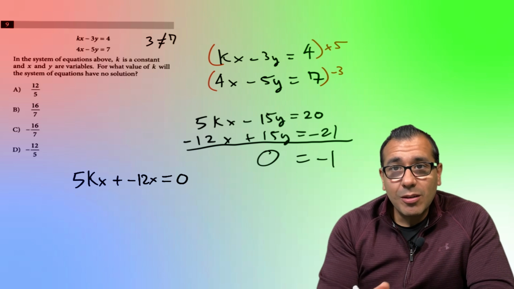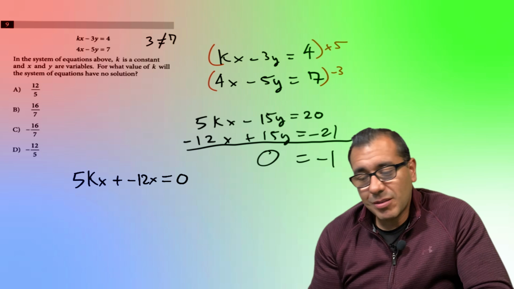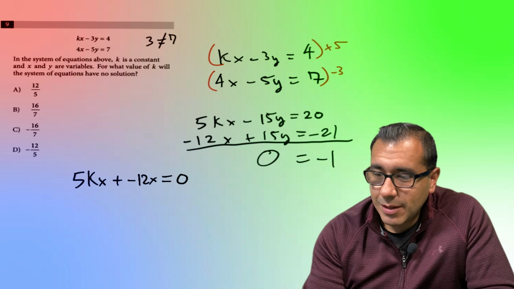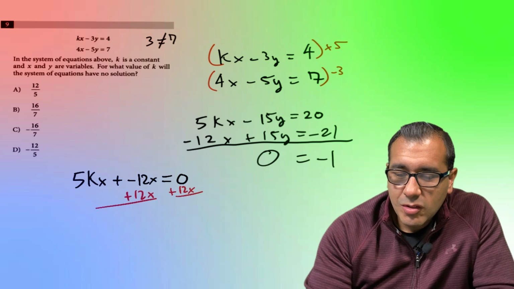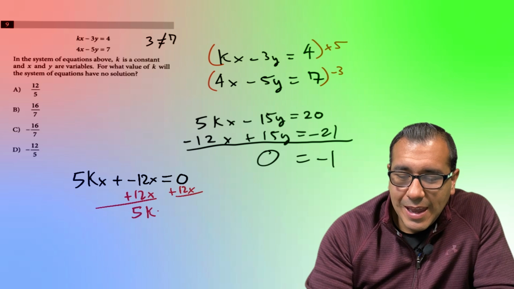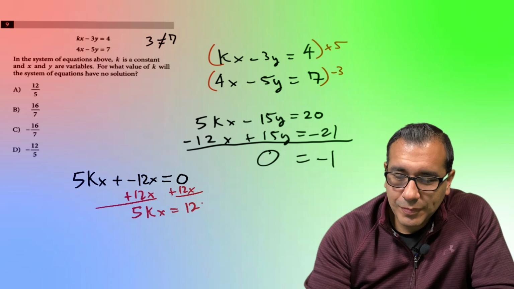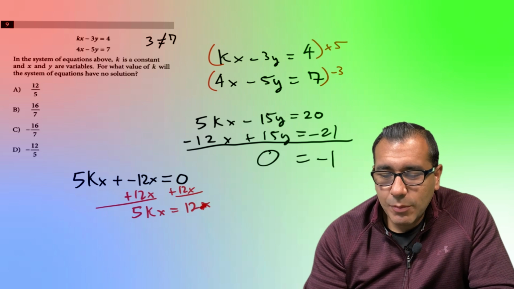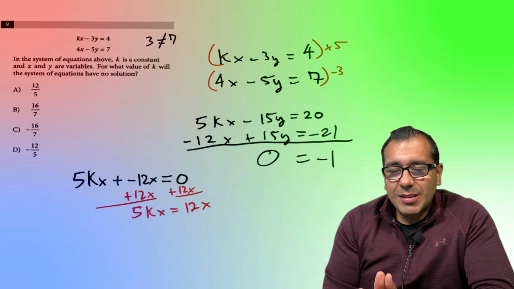What k value would I plug in here to make these guys cancel? And there's a lot of ways of thinking about this. So let me go ahead and add 12x to both sides, add 12x. All right, so we're left with 5kx equaling 12x.